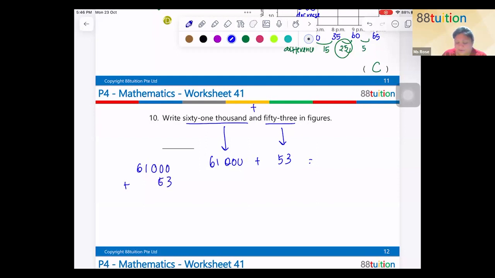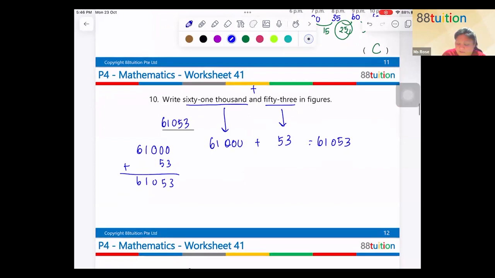Plus 53. This should give you a total of 61,053. Okay, so that's your answer.